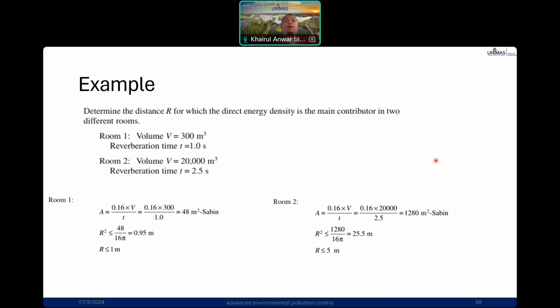The reverberation time is how long it takes for the original sound to decay by 60 dB.